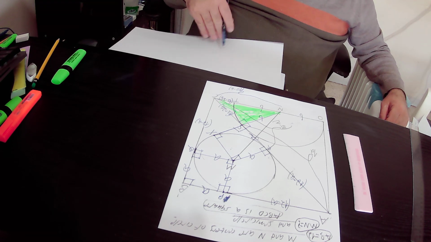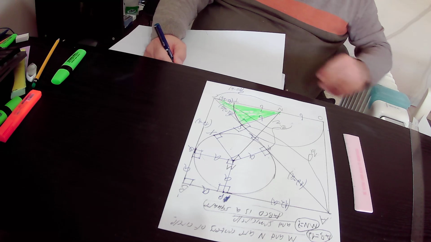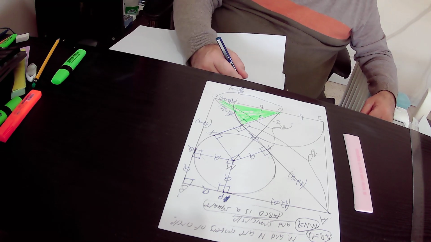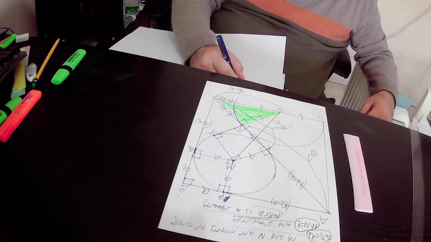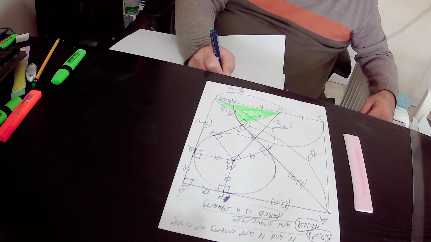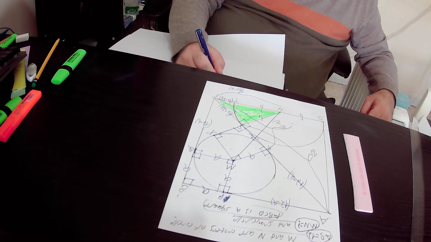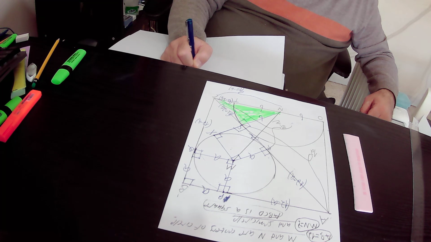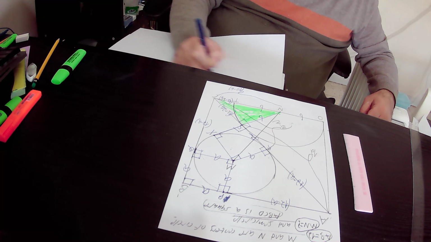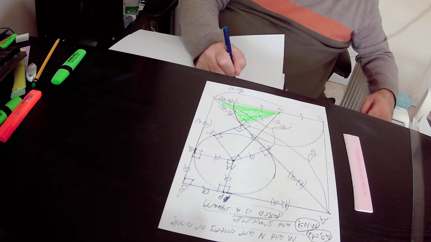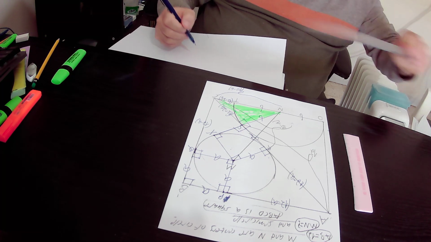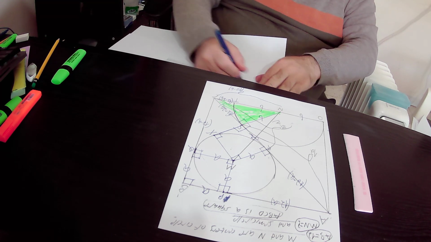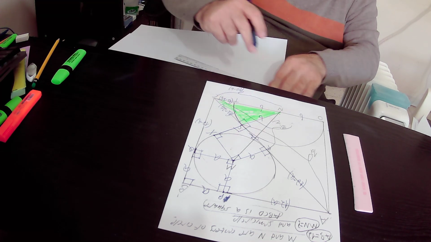I'll write it down: quadrilateral RMSX must be at least a rectangle. Okay, this quadrilateral must be at least a rectangle.